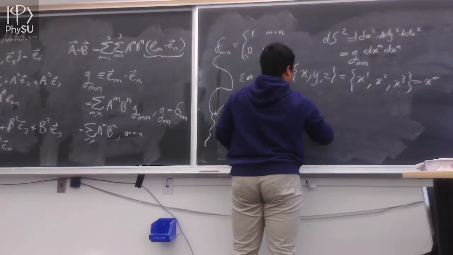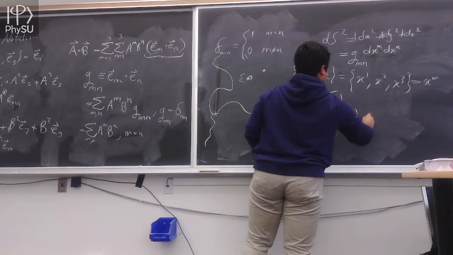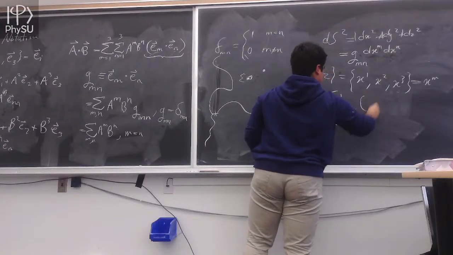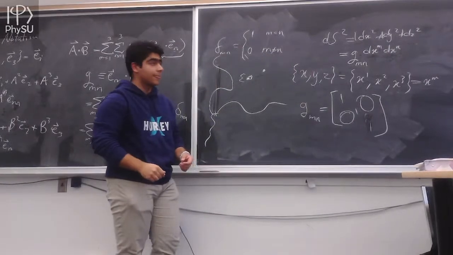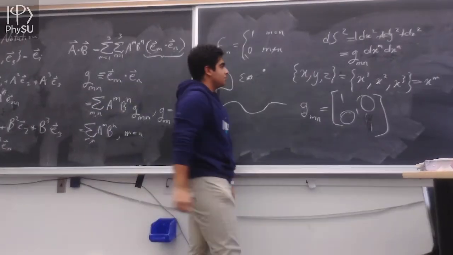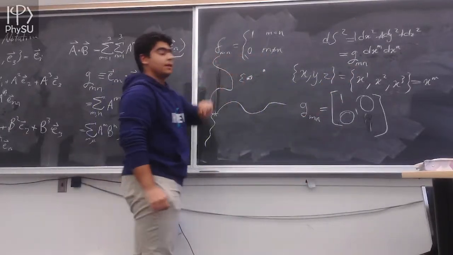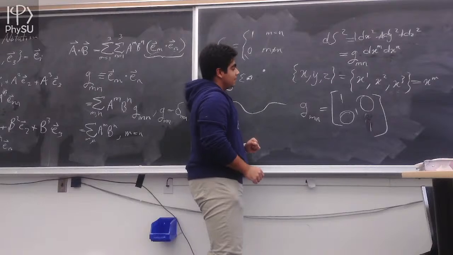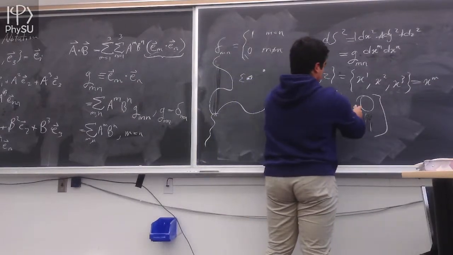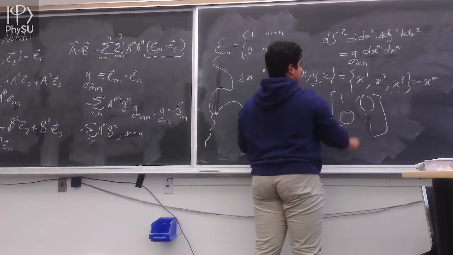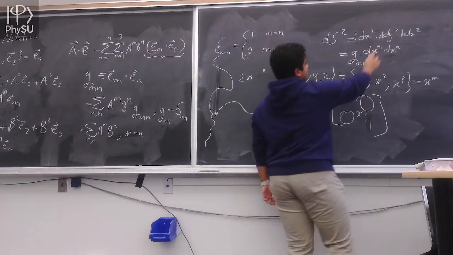So our metric tensor is actually just a diagonal of 1s, and the off-diagonal components are 0. And we can replace this with the Kronecker delta. But let's say, what happens if these are not 1s? What if, let's say, this is x squared? Well, then this would just have an x squared beside it.